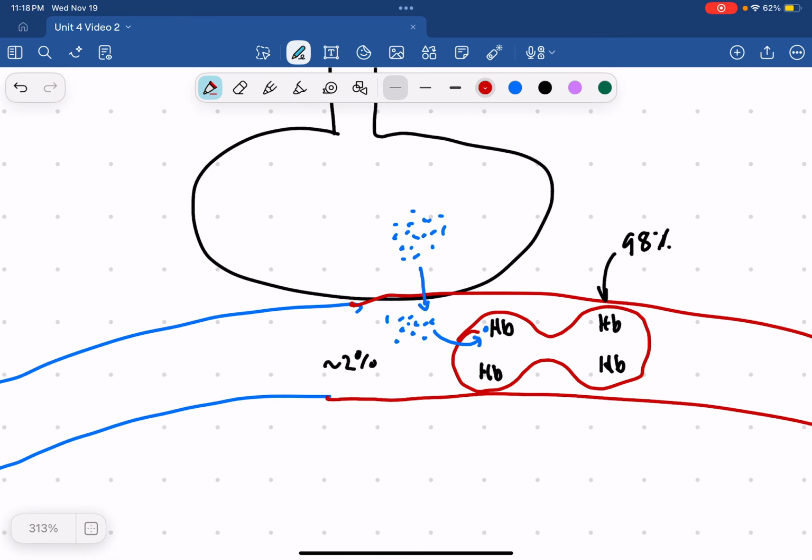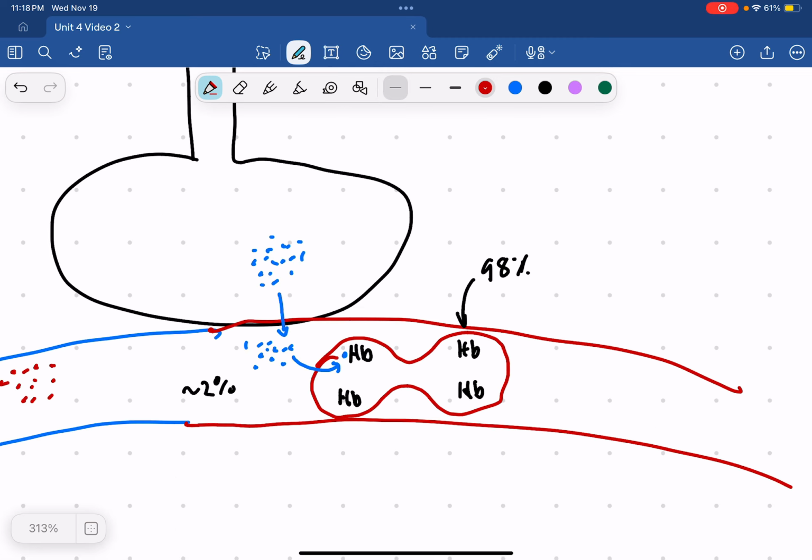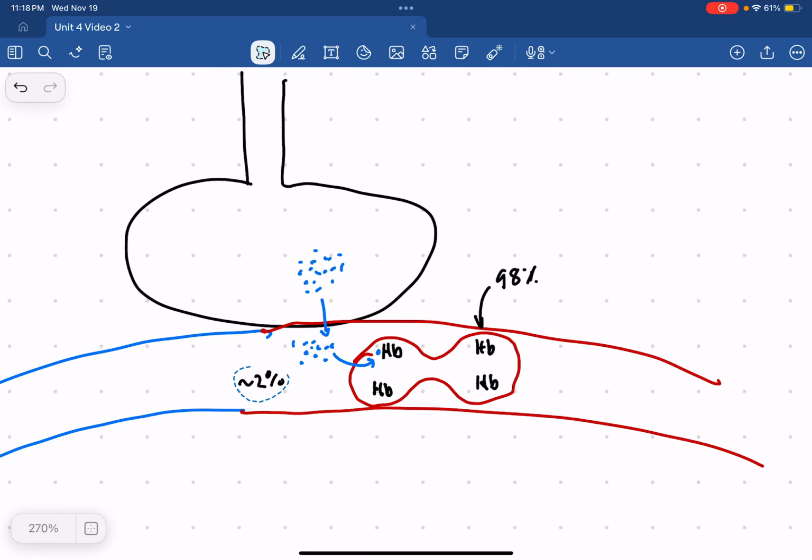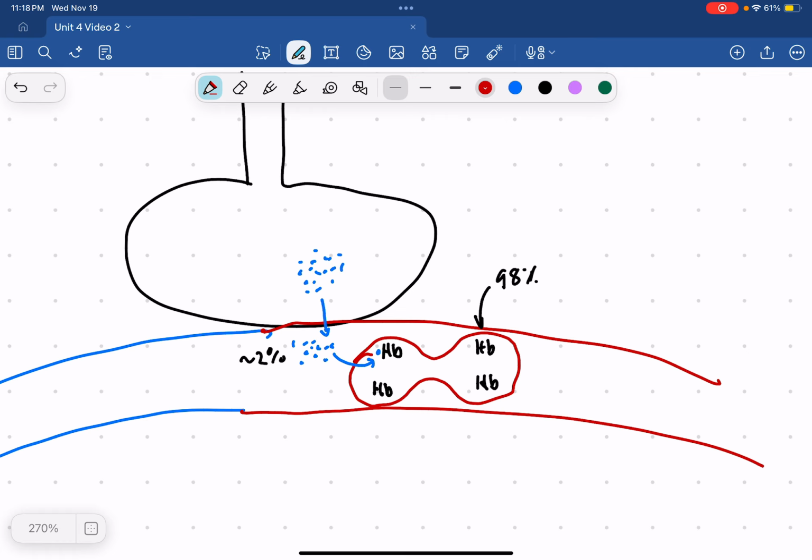And so CO2 can also do gas exchange with hemoglobin through our bicarbonate system. So let me move this out of the way. Talking about oxygen. Alright.